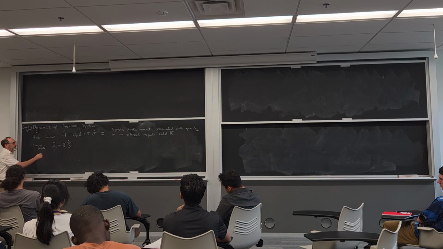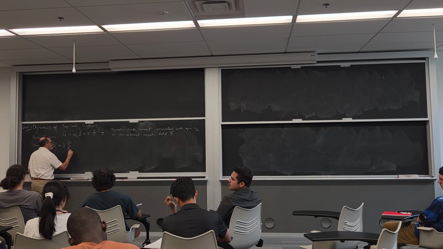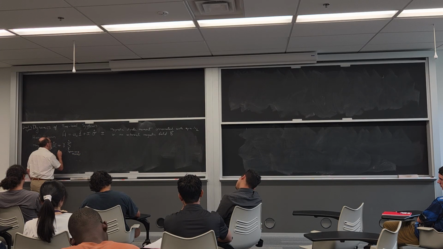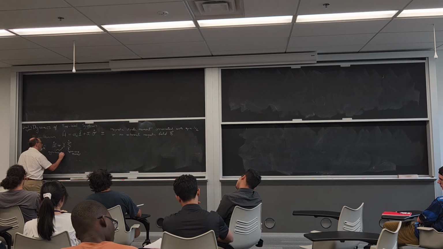Okay? So S here is the spin angular momentum. And this proportionality constant is known as the gyromagnetic ratio.